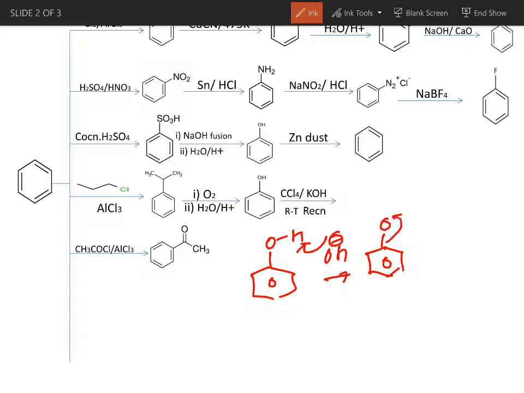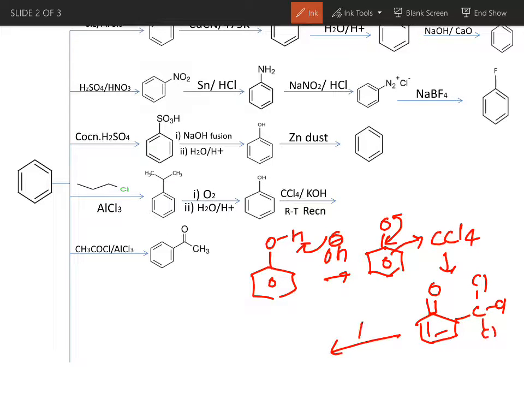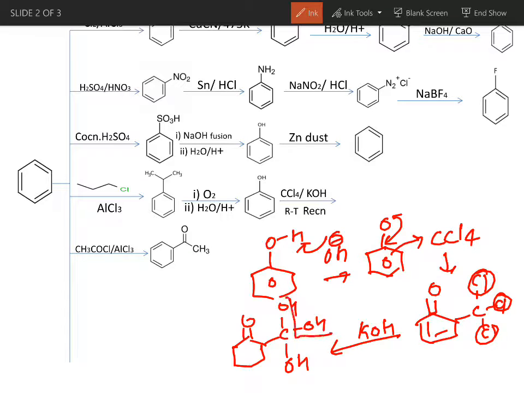On further resonance, it will attack CCl4 and gives a compound something like this, CCl, Cl, Cl. Further with this base, all this Cl will get converted into OH, COH, OH, OH, which undergoes dehydration.